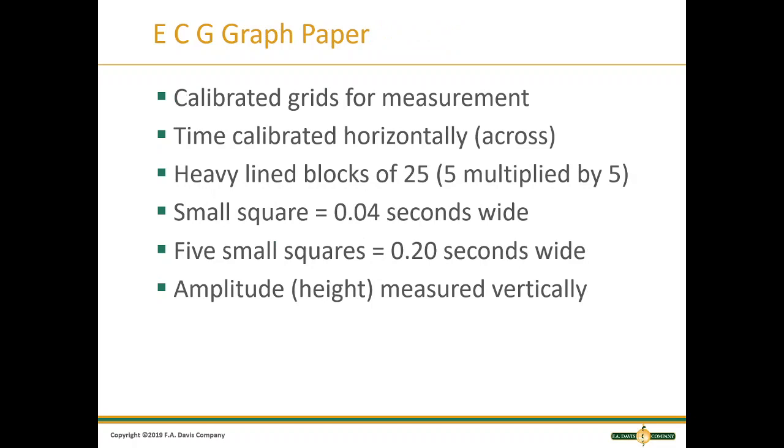EKG graph paper is special paper with calibrated grids. Those little squares are used for counting, and there's a little device that you use to measure them. So you want to make sure that you review this information about an EKG and what EKG graph paper is.